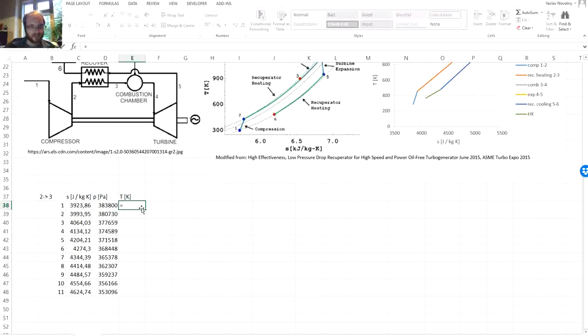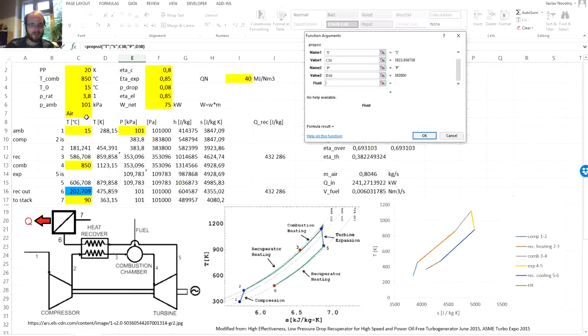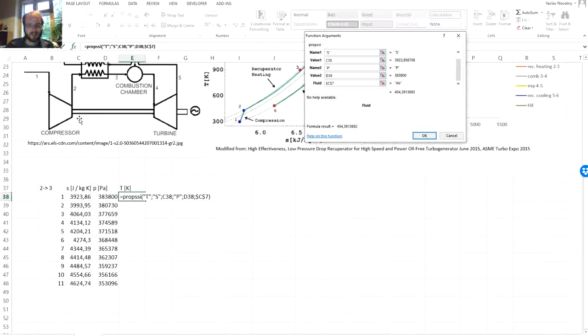So the temperature would be again the function PropsSI, where we want to get temperature based on entropy and pressure, with the working fluid being air.